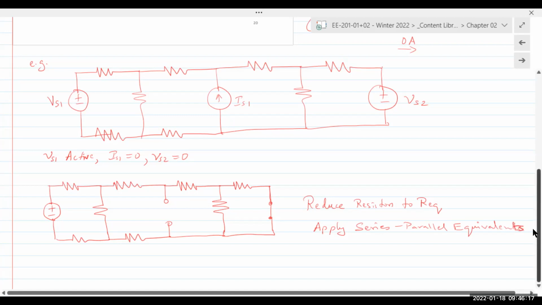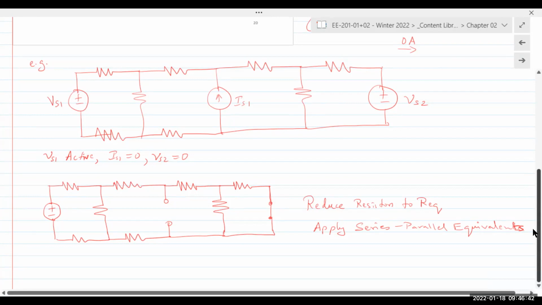Does that make sense? Okay, so it's an extension of the previous technique. So even though there are multiple sources in a circuit, there is a way to analyze it by using the previous technique. And that is by breaking it up into different parts.